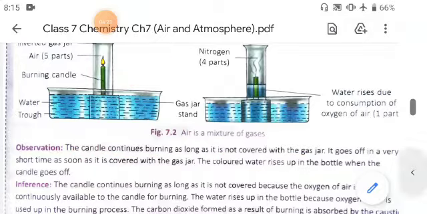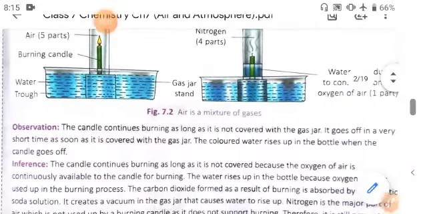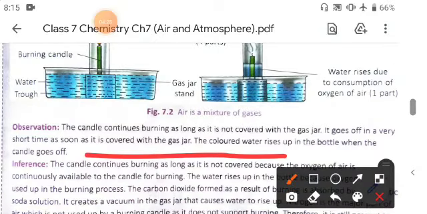It goes off in a very short time as soon as it is covered with the gas jar. When the gas jar is covered, the candle goes off, and the colored water will rise up. See here, the water level rises up in the bottle when the candle goes off.